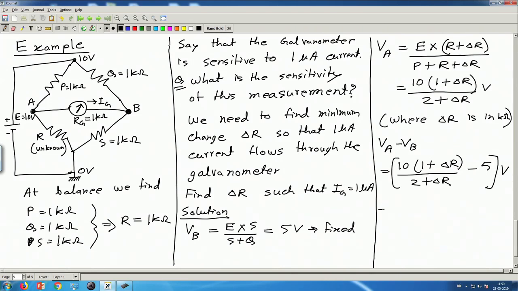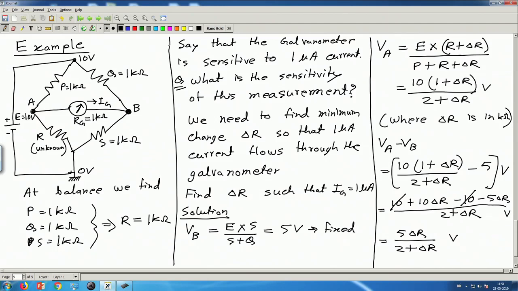So this will become 10 plus 10 delta R minus 10 minus 5 delta R, divided by 2 plus delta R. So this 10 and 10 cancel. So we have 5 delta R divided by 2 plus delta R. This is in volt.